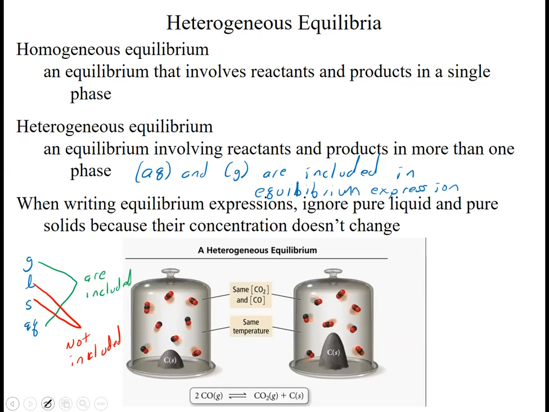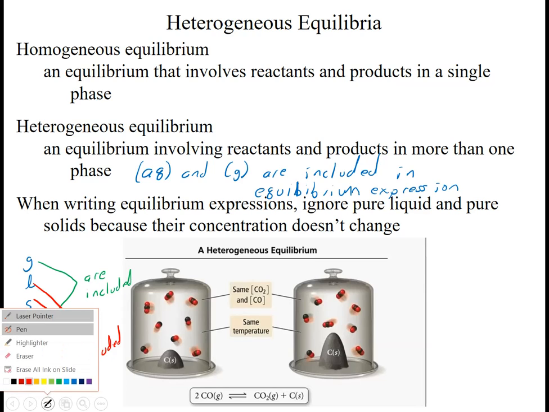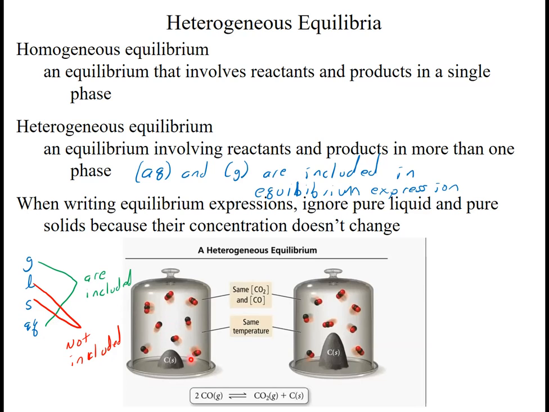Okay. And the picture I have here at the bottom shows you the reaction. 2 carbon monoxide goes to form carbon dioxide plus carbon. And what's important here is this carbon here is a solid, so this is a heterogeneous equilibrium because I have gas, gas, solid, so I have more than one phase present. And what you see here is the carbon here versus the carbon here.